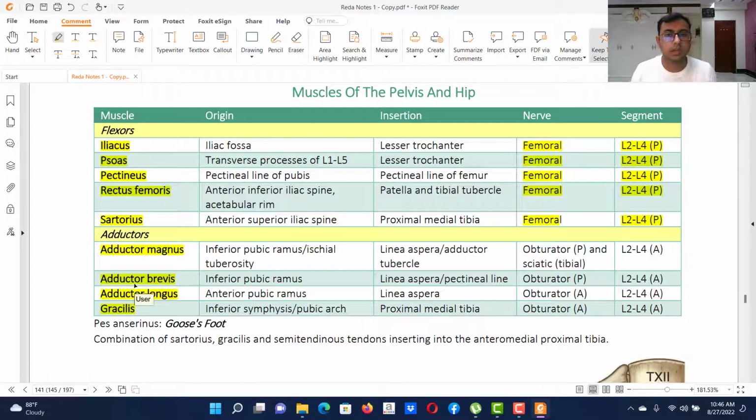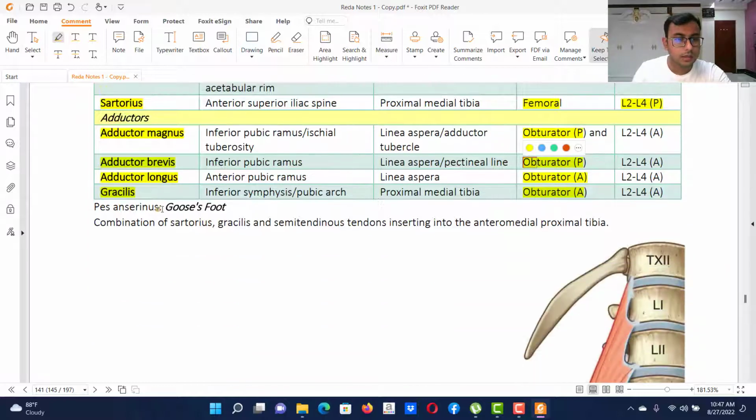We usually memorize the adductor compartment as adductor longus, magnus, brevis, and gracilis. These four muscles are supplied by the obturator nerve, which has the same nerve supply as the femoral nerve, from lumbar 2, 3, 4.